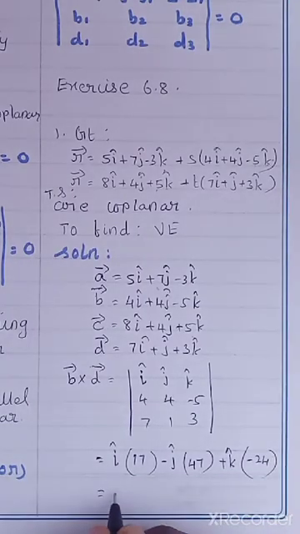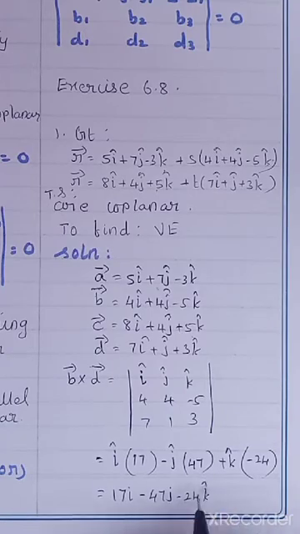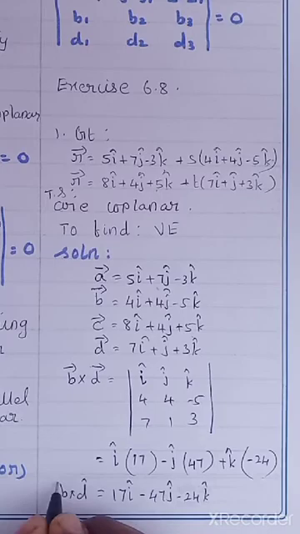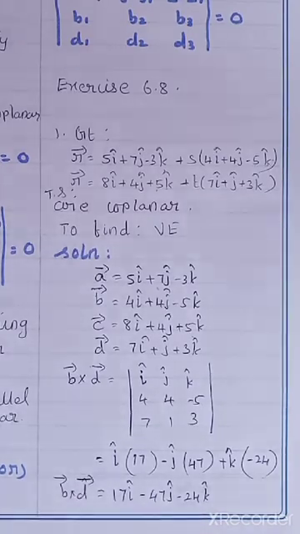So B cross D is 17i minus 47j minus 24k vector. Is that clear?